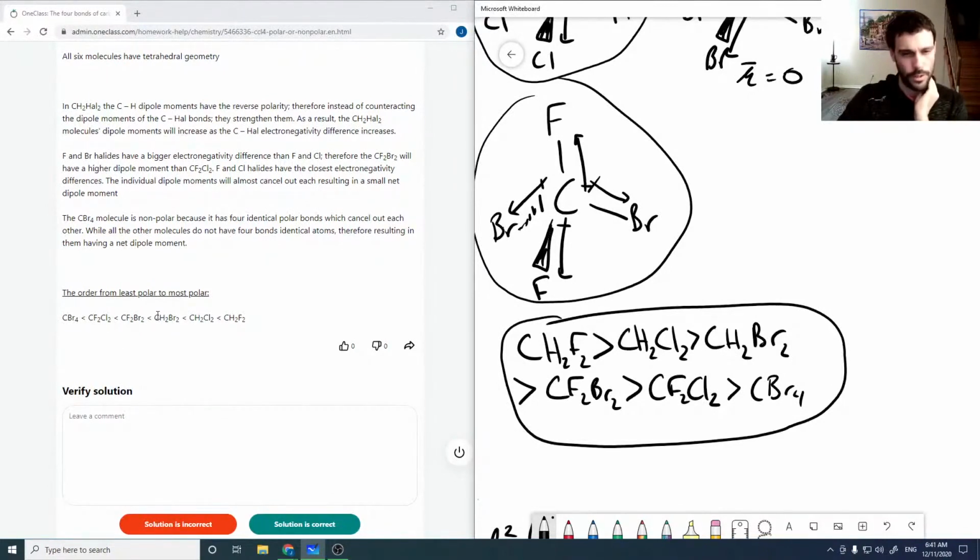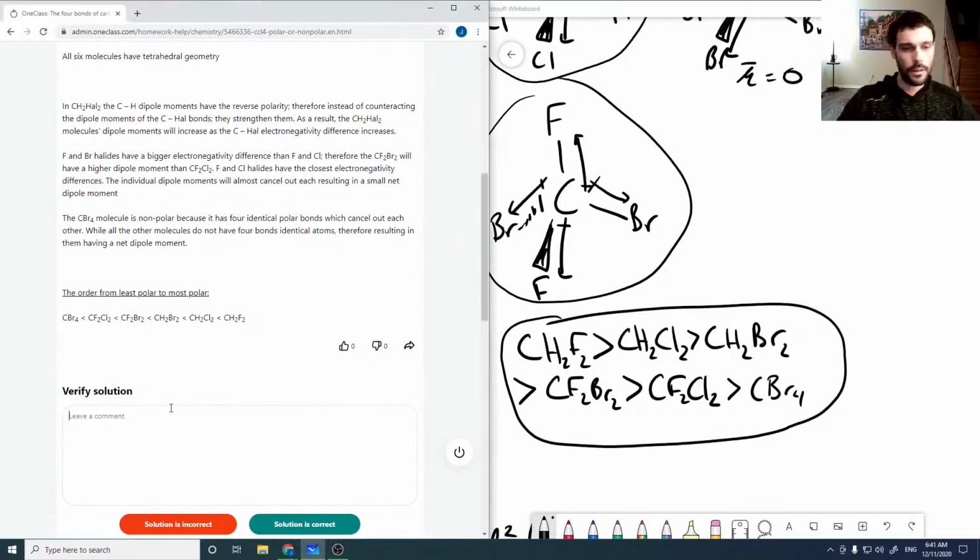So the ordering is just from smaller to higher here, whereas I did it from highest to lowest. So CBr4 is less than CF2Cl2, is less than CF2Br2, is less than CH2Br2, is less than CH2Cl2, is less than CH2F2. Okay, so that's our highest, and so the ordering looks the same to me. And so I'd say the solution is correct.